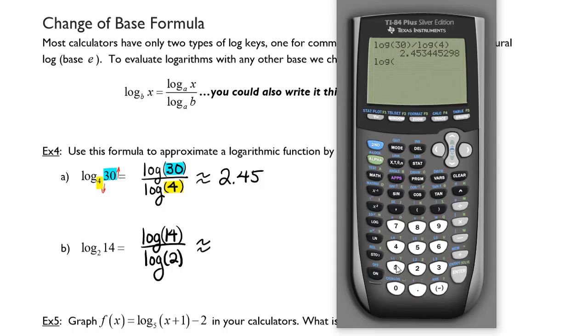Log of 14. Make sure to close your parentheses because we're not dividing 14 by 2. That will give you something completely different. Log of 2. This is approximately 3.81.